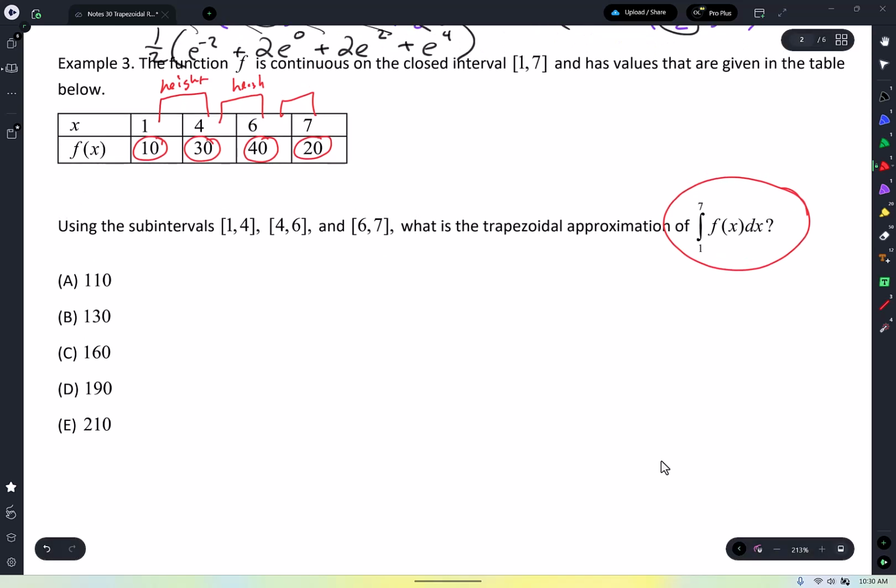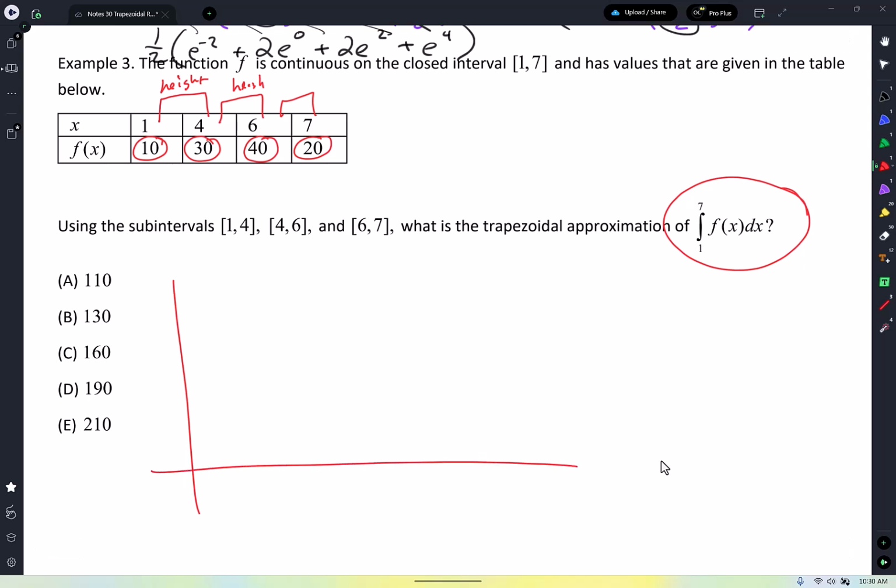You guys are visual learners, so let me go ahead and see if I can draw this. I'm going to say 1, and I'm going to say 110 is right here. Not to scale. And I'm going to say 430 is right here. And I'm going to say 640, not to scale, guys, 640 is right here.